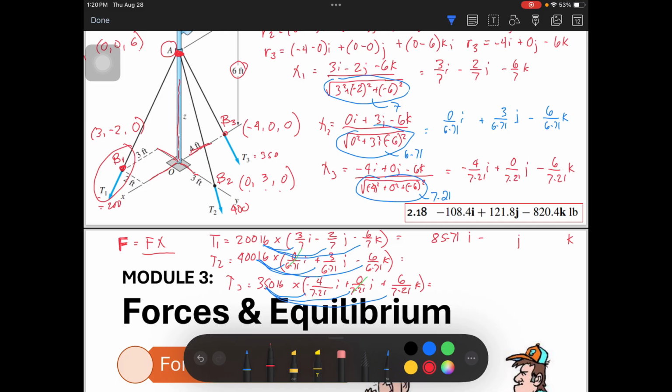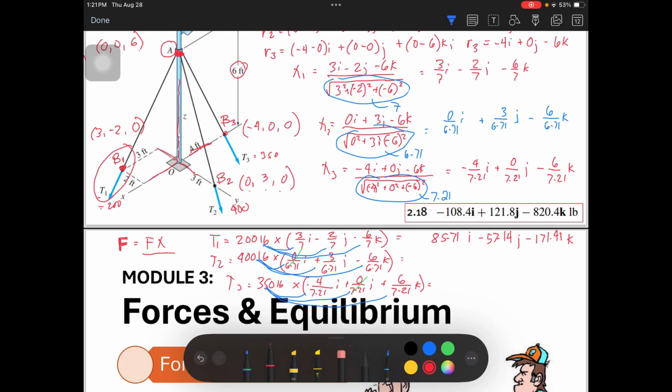So, 200 times 2 over 7. Negative yan. So, 57.14. Then, next, 200 times negative 6 over 7. So, negative yan, 171.43.